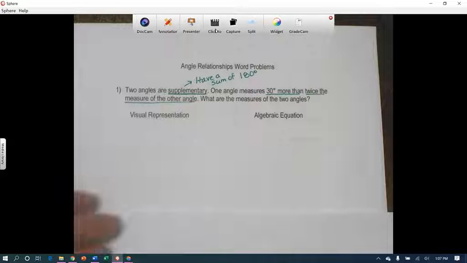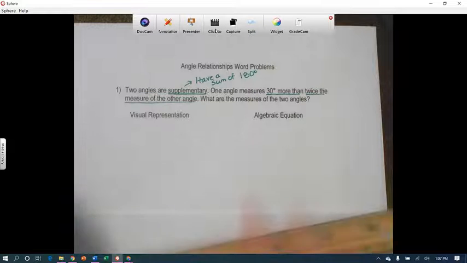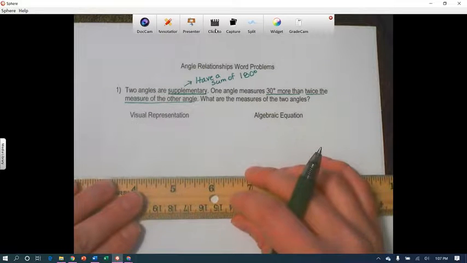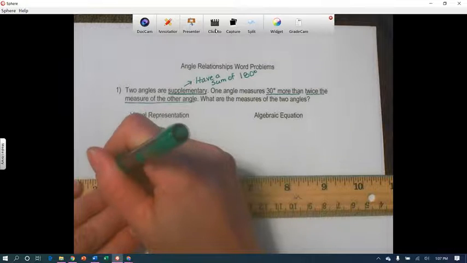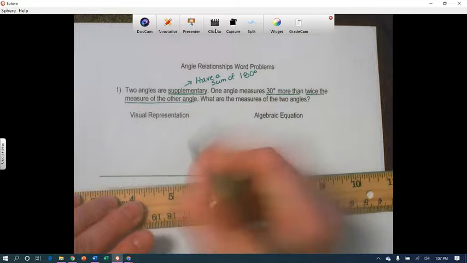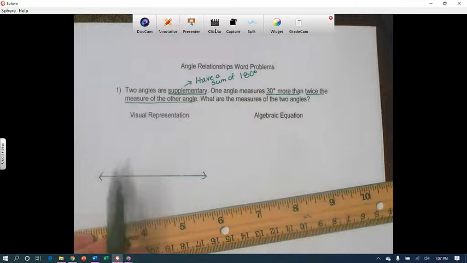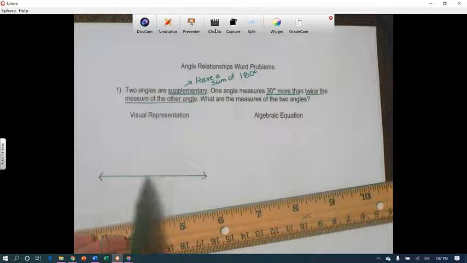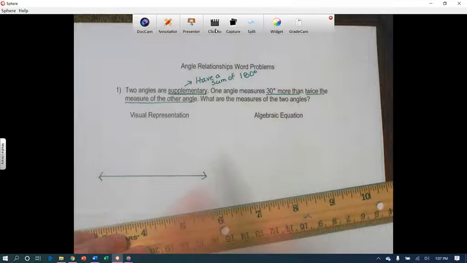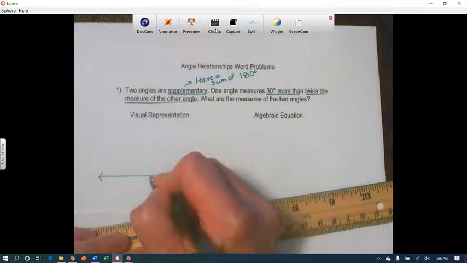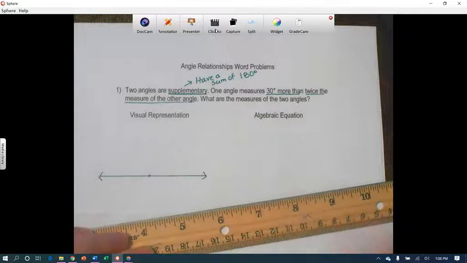So supplementary, again, I'm going to draw a straight line because the angles are supplementary. They add up to this 180 degree angle. And I really, right now, have no idea what the measures of the angles are.